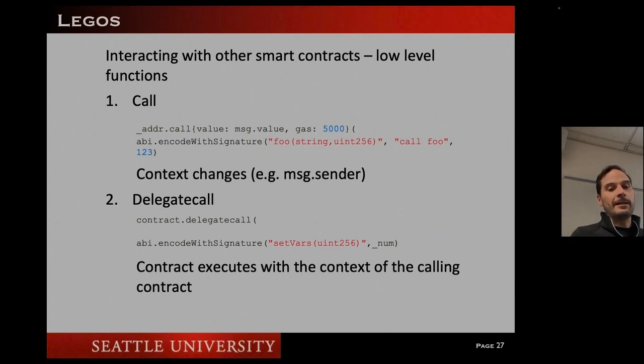Whereas if you do a delegatecall, the context does not change, and contract B will execute with the same context as contract A. So in the example of msg.sender, it would be the invoking EOA. And also there are some issues around local storage variables where contract B now has access to some of the same storage slots.